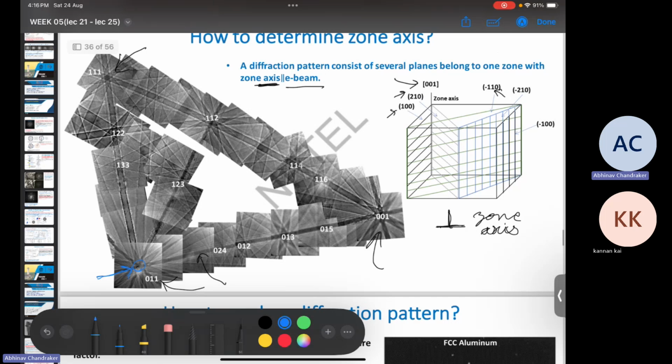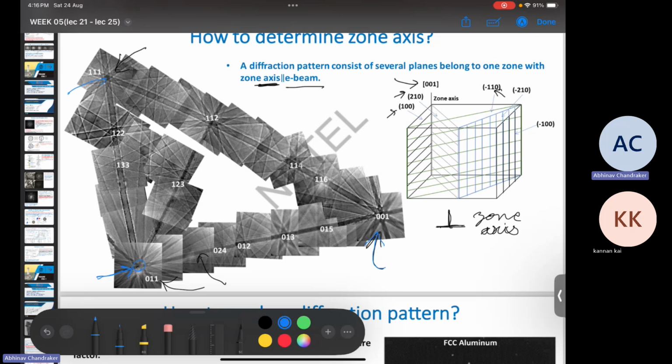So you can have multiple zone axes as your crystal orientation is changing. You'll have different zone axes parallel to the electron beam, and as a result, we'll see this kind of change in the diffraction pattern or the Kikuchi band pattern.